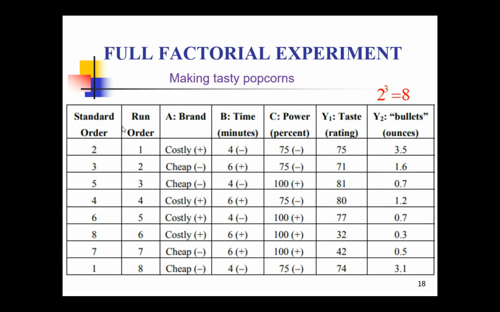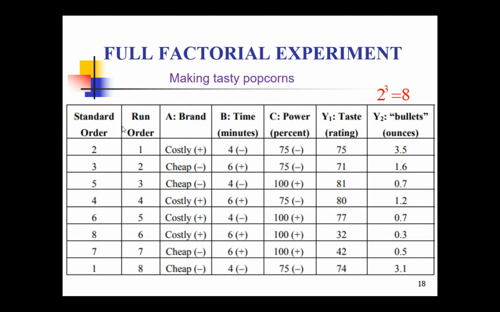So this is an example for the full factorial experiment. The purpose is to make tasty popcorns. The popcorns are made from corns. Everyone knows that. So here I am going to select 3 inputs and I am going to measure 2 outputs.